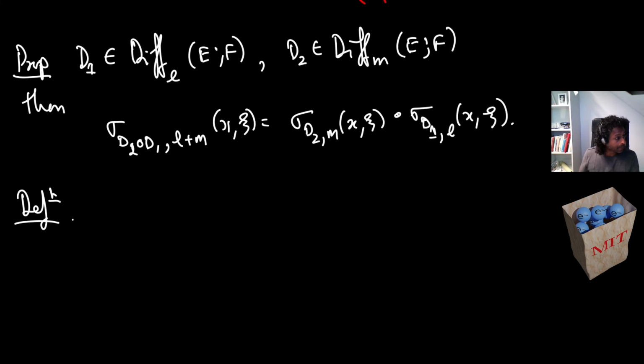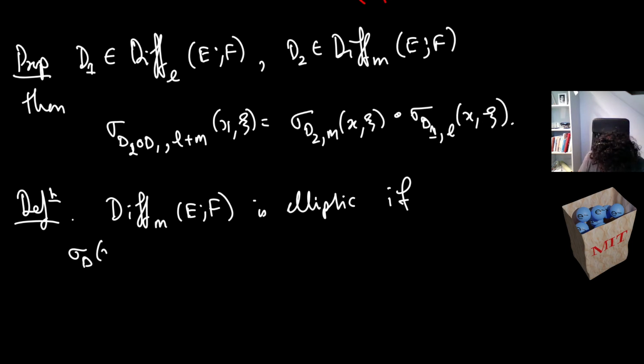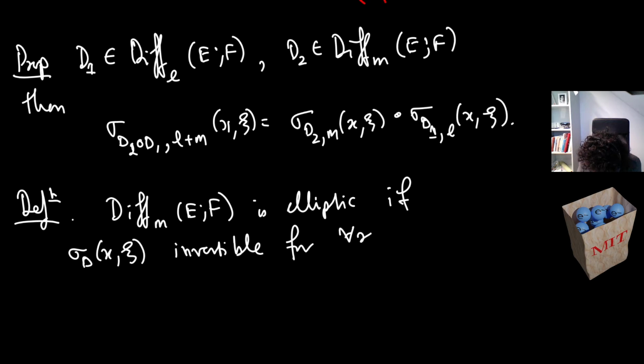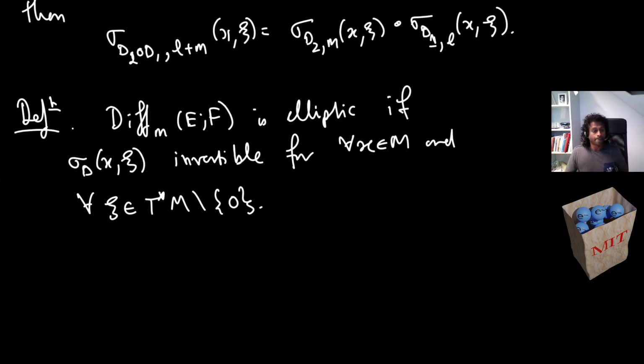An operator D is elliptic if its symbol at x psi is invertible for all x in M and for all psi in T star M minus 0. Okay.